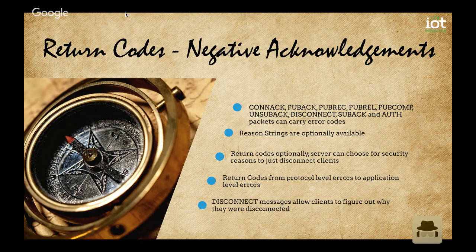But if the broker disconnects you because it is overloaded at the moment, it would be smart on the client side to say, okay, the broker is overloaded, so don't just reconnect, but wait for a few seconds so the broker has some time to get healthy again. So you get more fine-grained error control on the client side in how you react to circumstances.